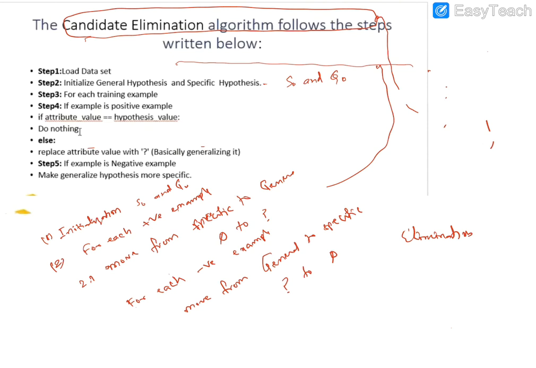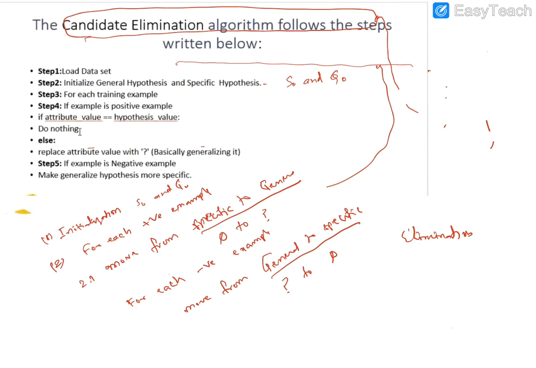Here also, if it is a positive example and the attribute value equals the hypothesis value, we keep the hypothesis value and there is nothing to do with generalization. In the case of a negative example, negative data goes general to specific, positive data goes specific to general. These are the two important steps which will be followed in our example.